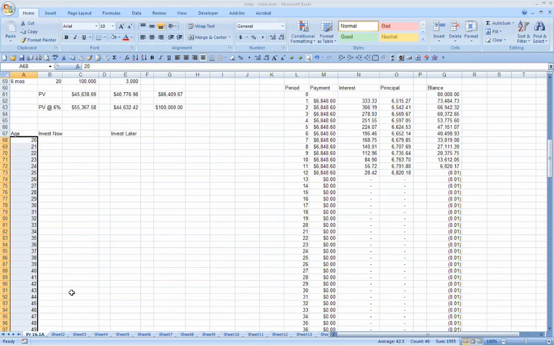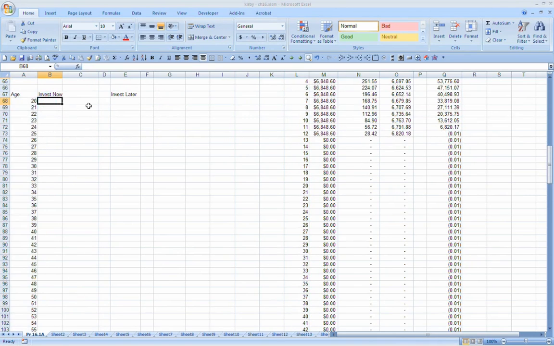Okay? So the hypothetical is this. If you invest now, you're putting $2,000 here, here, and you're going to invest that for 10 years to here. Okay? And it's going to earn interest. Say that they both earn, I don't know, 8% interest. What's the value of it with the interest?